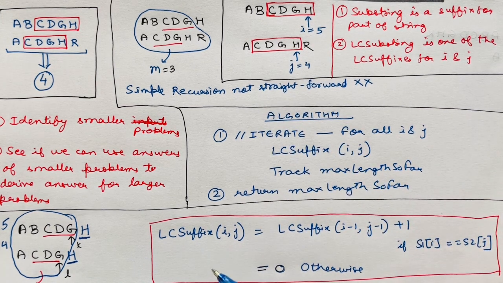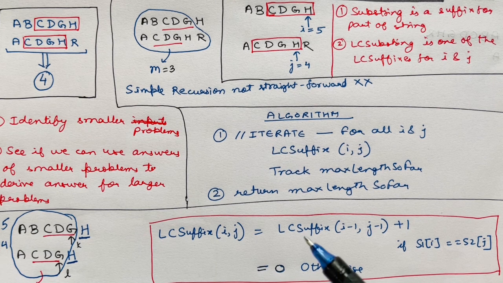So when we talk in terms of this recursive relation, here i and j will denote the first i characters or first j characters. Now when we say i equal to 0, that would mean first 0 characters, that means no character. Therefore, we will not have to consider the empty string case in a different manner. We can simply use the same recursive relation to handle the empty string case.